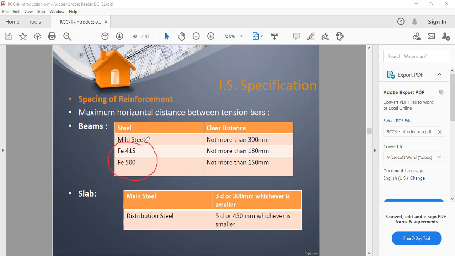We usually go ahead with Fe 415. So not more than 180 mm and not more than 150 mm. So 180 mm is the maximum and 150 mm is the maximum in the beam. Suppose you are in the slab, and you are going to provide main steel, then it should be either 3D or 300 mm. 3D means three times the diameter of the bar.